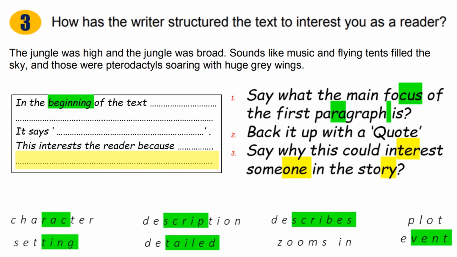I've used the word beginning, I've used description, I've used the word setting, so I'm getting marks for my use of subject terminology. And then I'm just going to simply back it up by any quote that's relevant to my point about it being about the setting. The jungle was high and the jungle was broad. So I've done the first 2 bits, and the last bit I need to do is think, why might this beginning interest someone? So we'll look at that on the next slide.